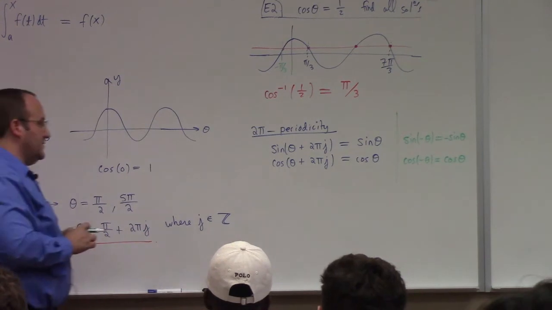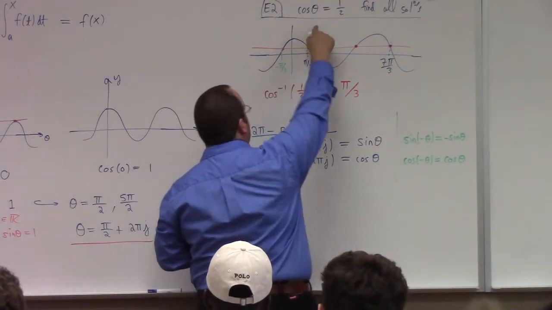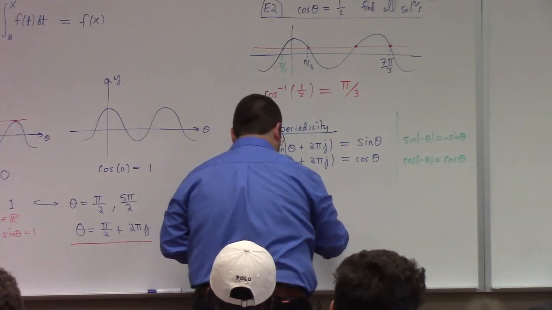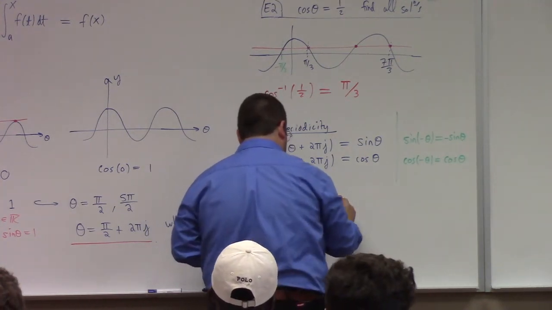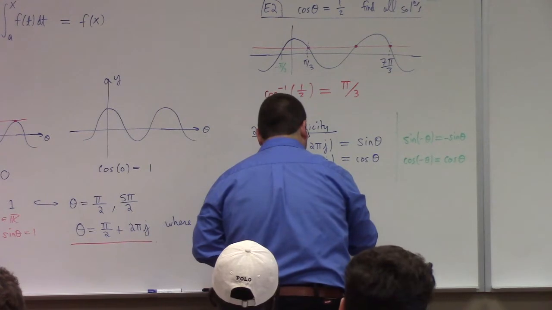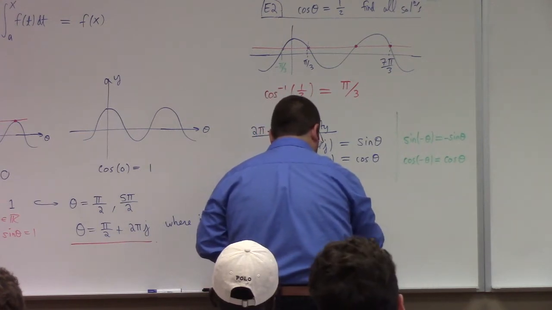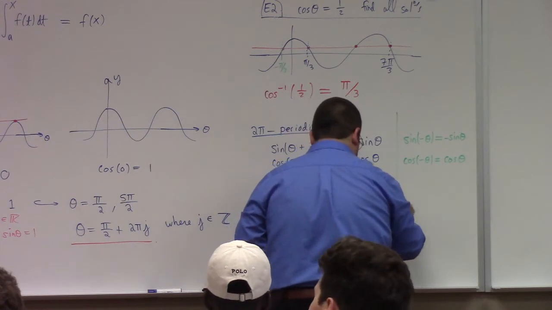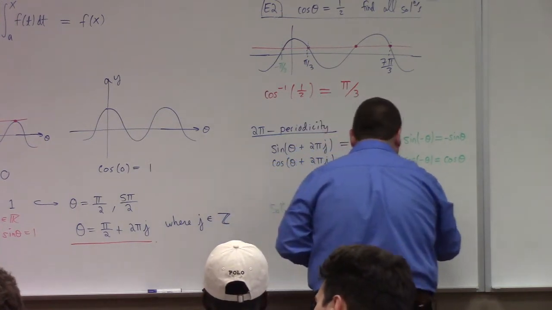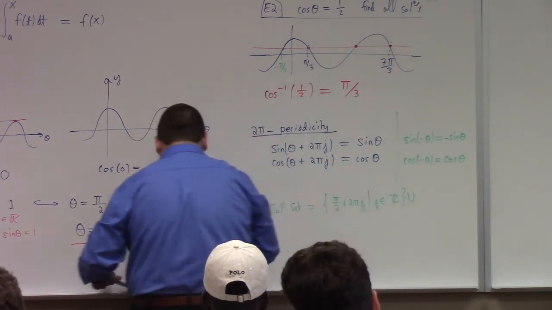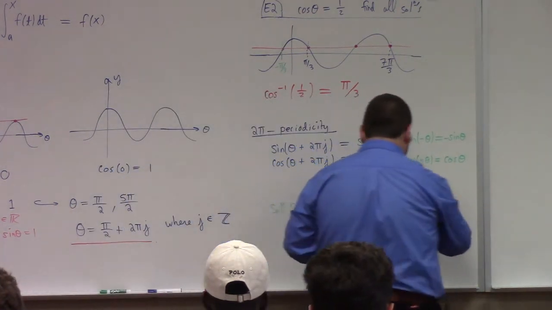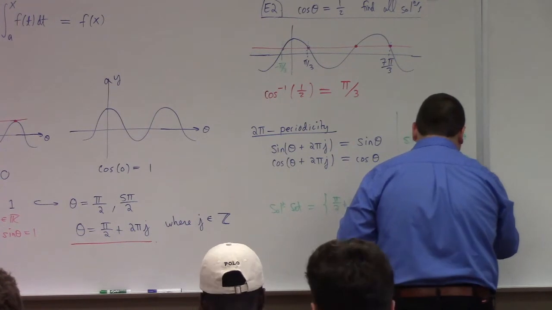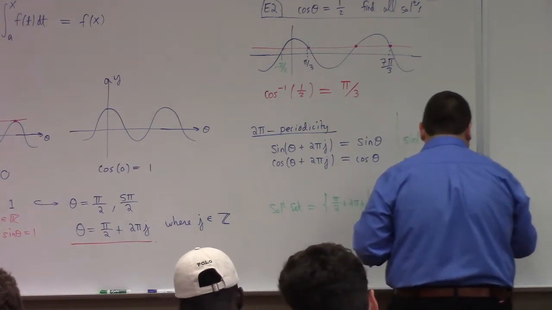And so when I solve this, my solution set is basically something like pi over 3 plus 2 pi j, such that j is an integer, union with minus pi over 3 plus 2 pi k, such that k is an integer.